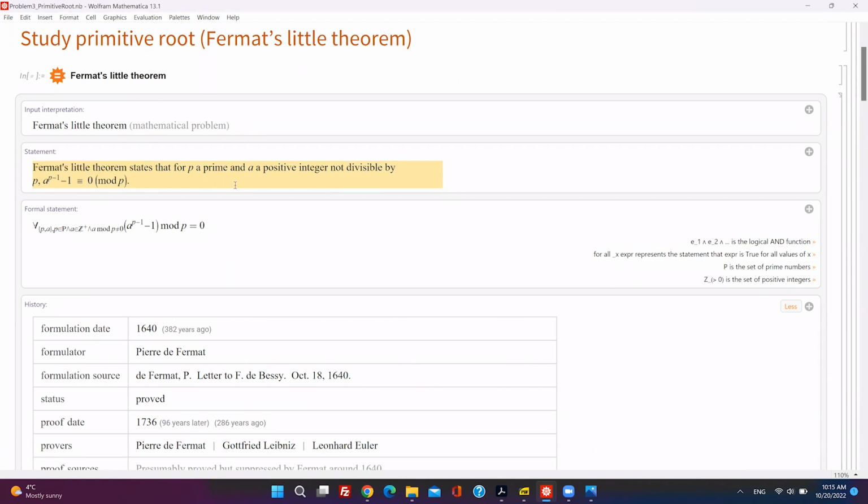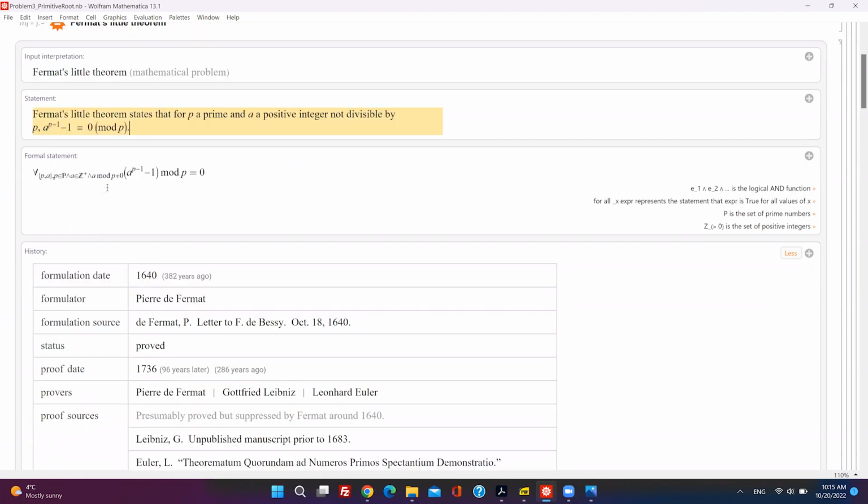Because it's modular space, every number means just 1 to 30. 0 is kind of trivial because it's a multiple of 31. For every number from 1 to 30, regardless of which one you pick, you take the power of p minus 1, that's to the power 30. You always have 1 mod p, or it's minus 1 is a multiple of 30.